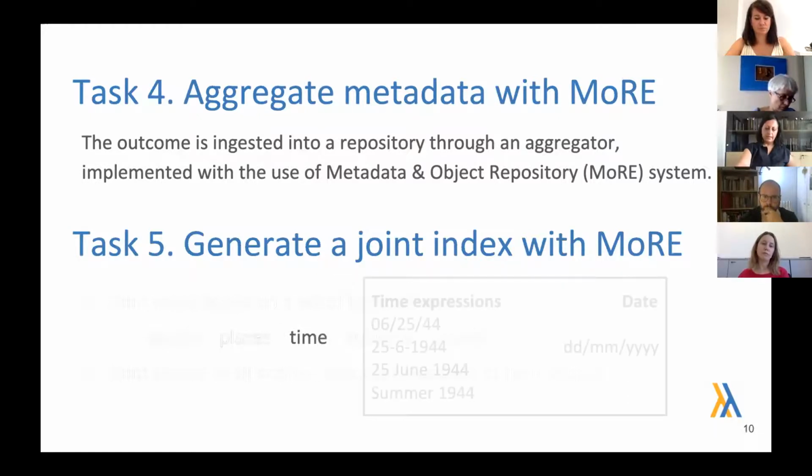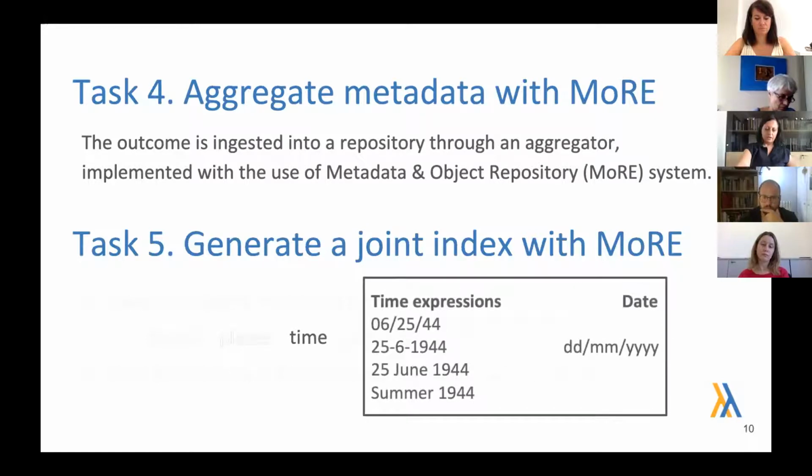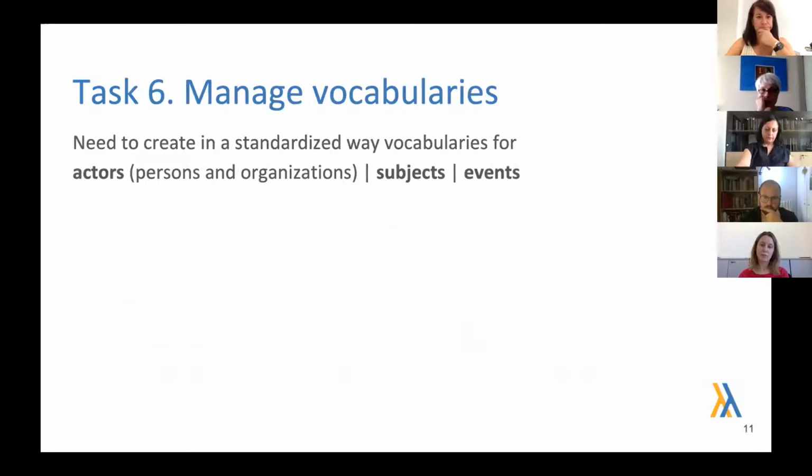And same with time expressions across records. We've decided to transform programmatically all time expressions into dates in order to be able to search in time spans. While creating common vocabularies in a standardized way for actors, subjects, and events is a desideratum.